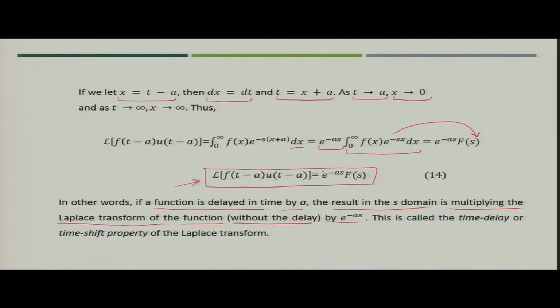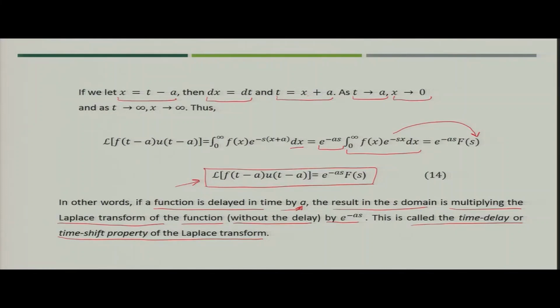So, if you have a time delay in a function, you will simply multiply the Laplace transform by e to the power minus a s, and then you will get the Laplace transform of a function which is delayed in time by some constant value a. So, this particular property is called the time delay or time shift property of the Laplace transform.